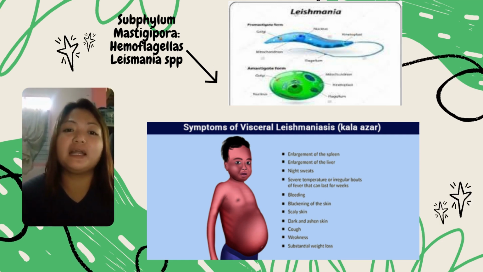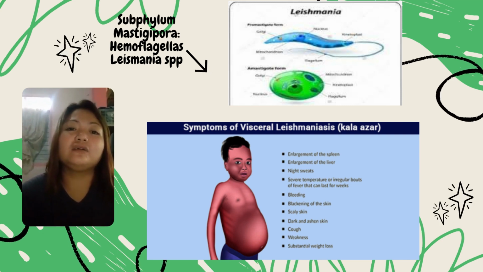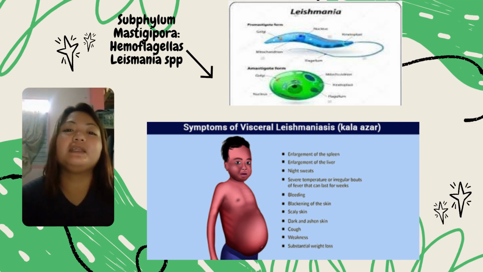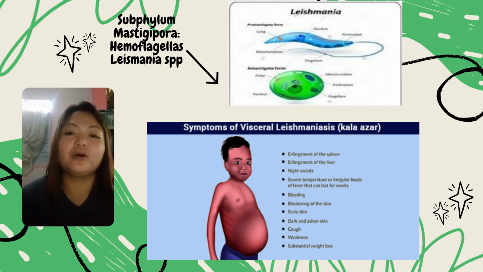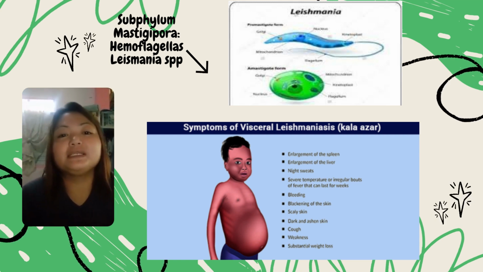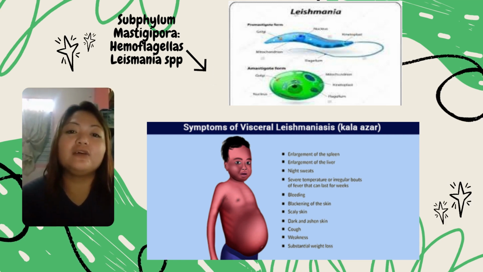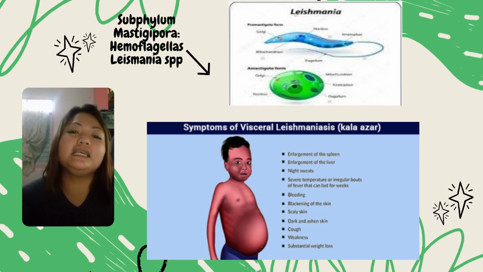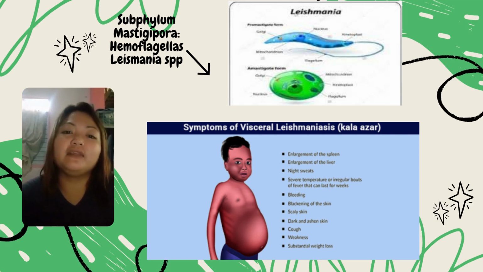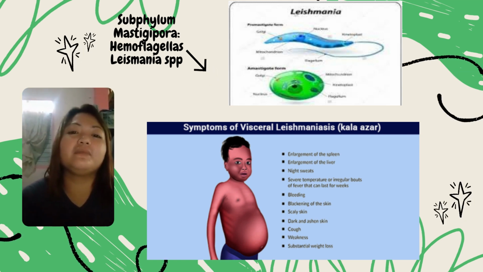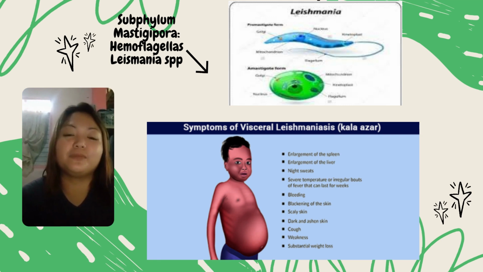L. donovani complex is the causative agent of visceral leishmaniasis, or Kala-Azar, or Dum-Dum fever. The complex consists of L. donovani chagasi in Central America, L. donovani donovani in Africa and Asia, and L. donovani infantum in Mediterranean Europe.